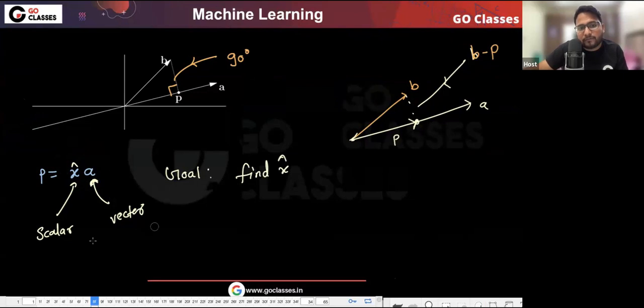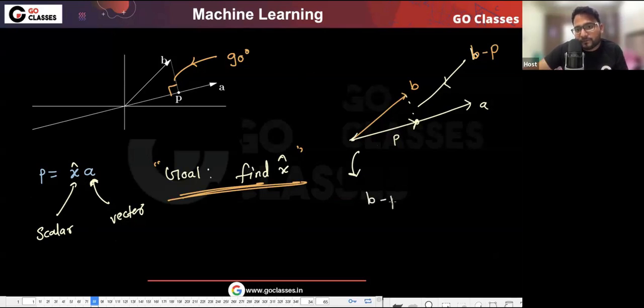Is this fine to everyone? Let me know. This is our goal, right? Once we find x cap, then obviously we will be finding this p. The ultimate goal is to find p, the projection. But let's first find x cap. So from the geometry, we can find x cap very easily. This vector, which is b minus p, is perpendicular to which vector? a, isn't it? So p is nothing but x cap a.